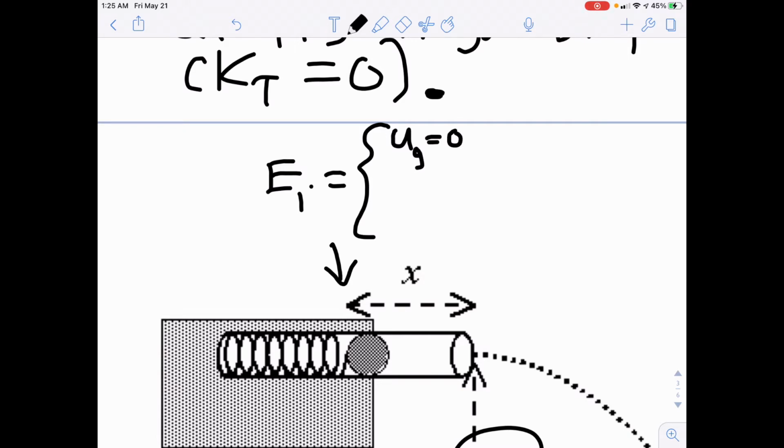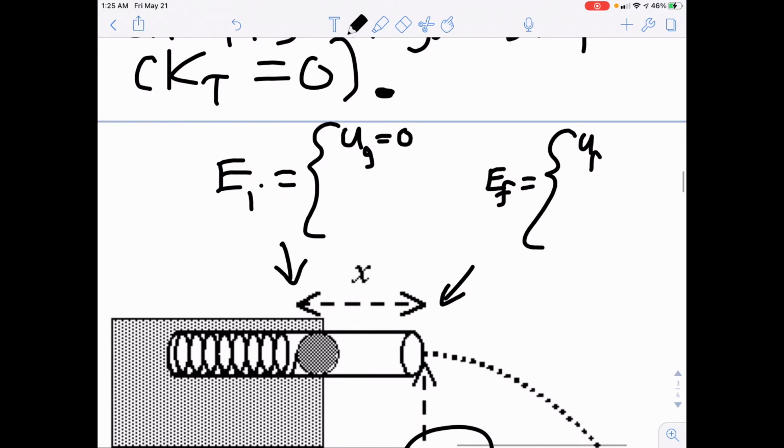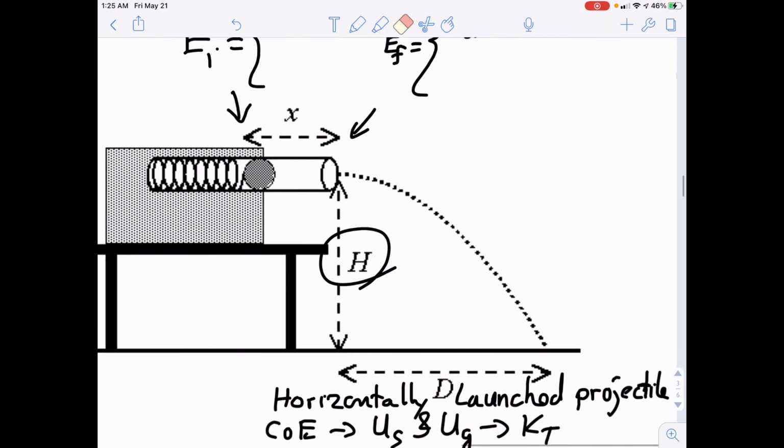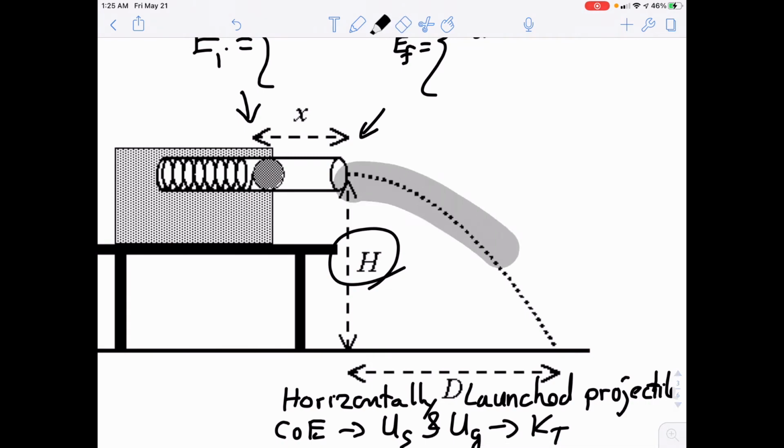The reason I'm going to do that is because I'm going to make this the final point, and I'm going to suggest that the final potential energy is also 0. Notice when it reaches the end of the tube, there's no change in height. In other words, I'm only going to have the conservation of energy problem confined to just this tube right here and the changes of energy within the tube, because the rest of this problem will be a horizontally launched projectile.